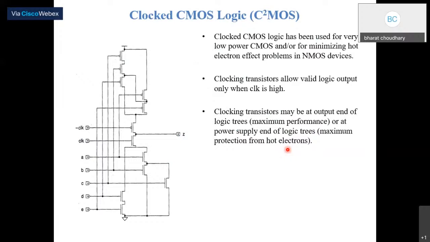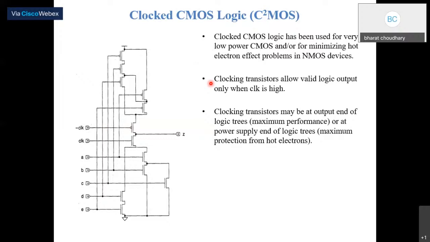Clocked means we are applying the clock in between the pull up and pull down networks. Similarly, this is like the tri-state CMOS inverter. Clocked CMOS logic has been used for very low power CMOS and for minimizing hot electron effect problems in the NMOS device.